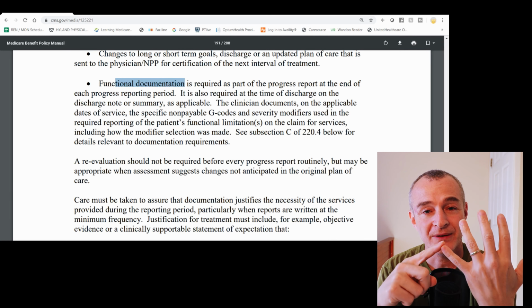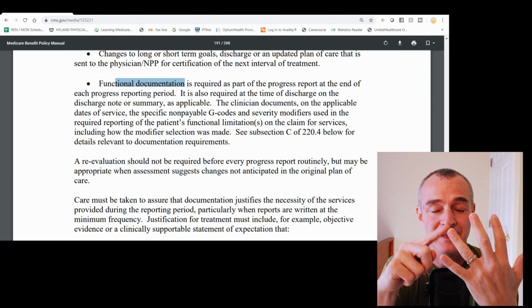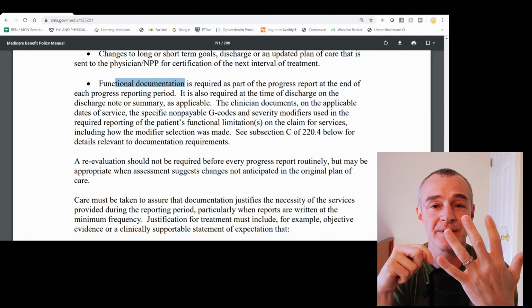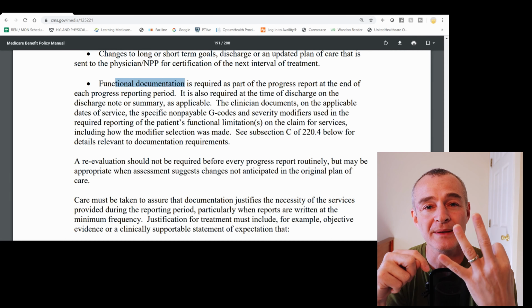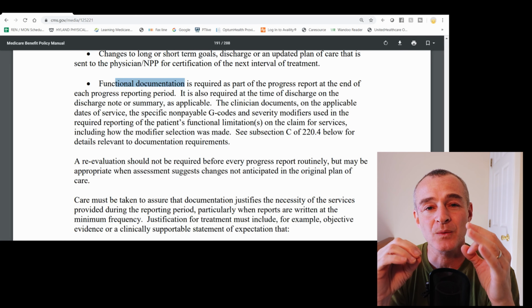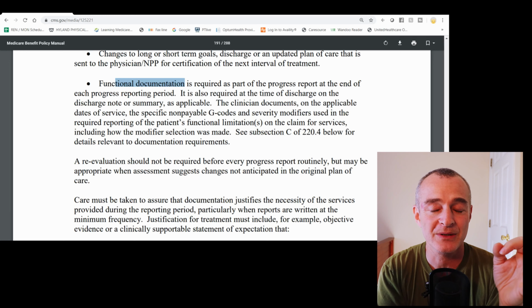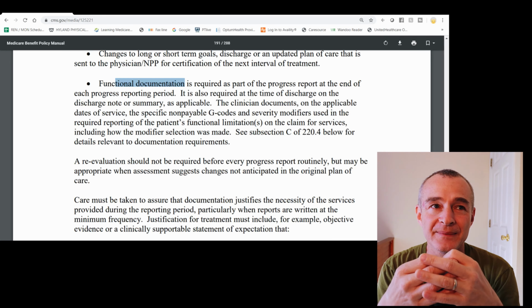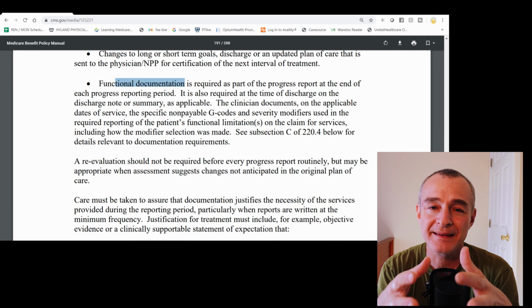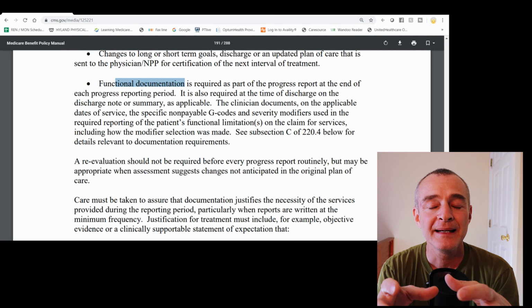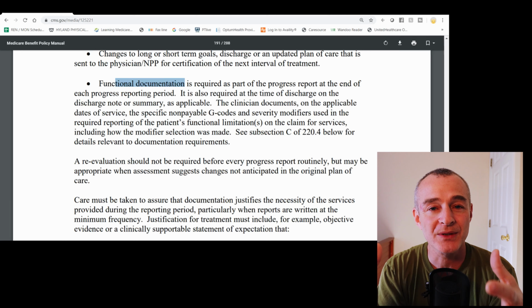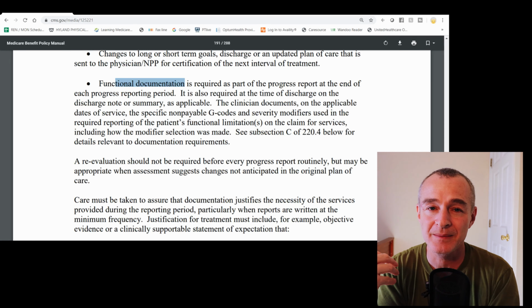So I've got current level of function, prior level of function, goal level of function. Just take it right off the functional outcome measure. Don't get creative. It's just one of those things where you're opening Pandora's box and there's no reason to. The information is right there. The more creative you get on a plan of care, the more opportunity for denials, rejections, problems down the road.